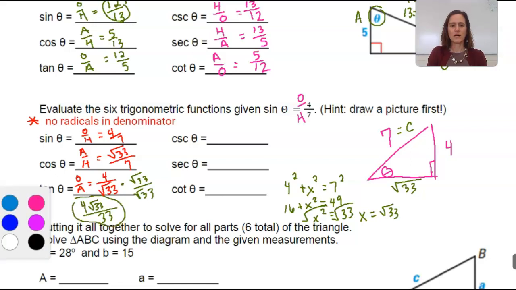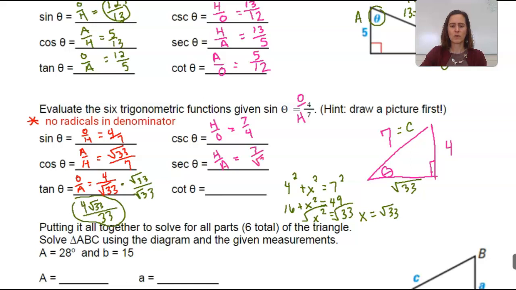All right, let's take a look at the next column. We have cosecant. It is hypotenuse over opposite, so it's really just the reciprocal of 4/7, which is 7/4. And then secant is the reciprocal of cosine, so it would be hypotenuse over adjacent, which is 7/√33.